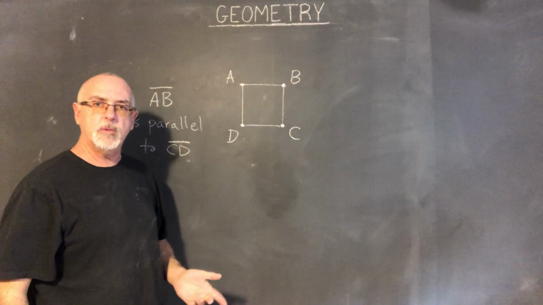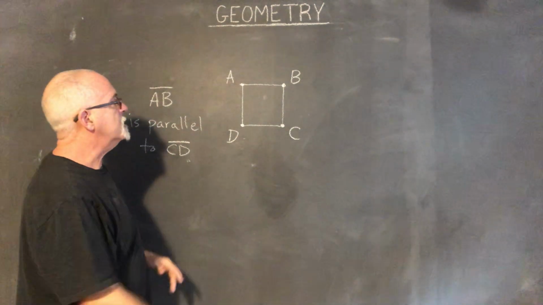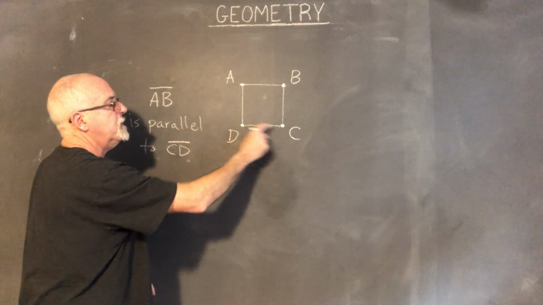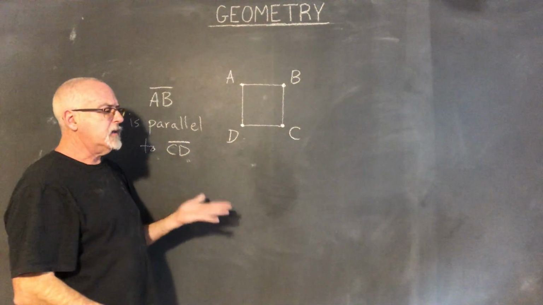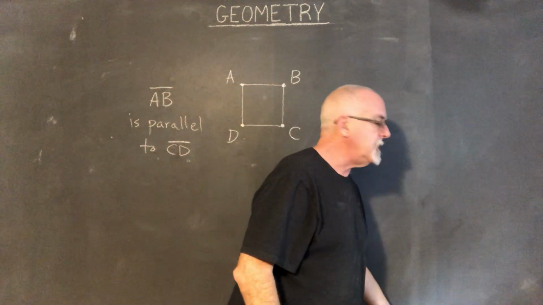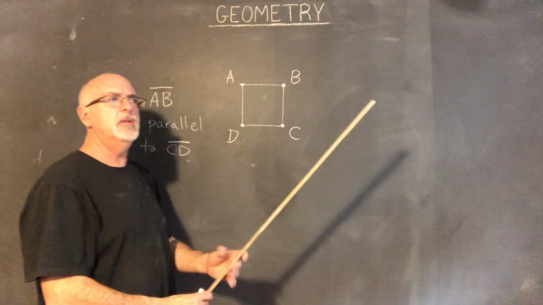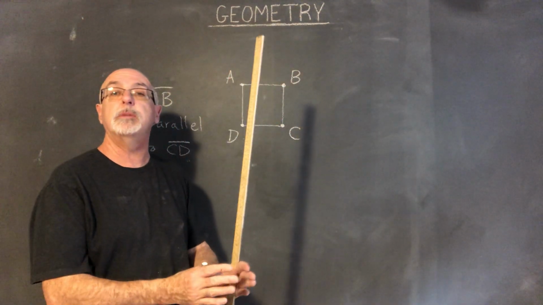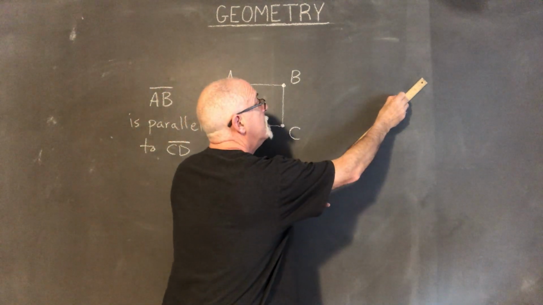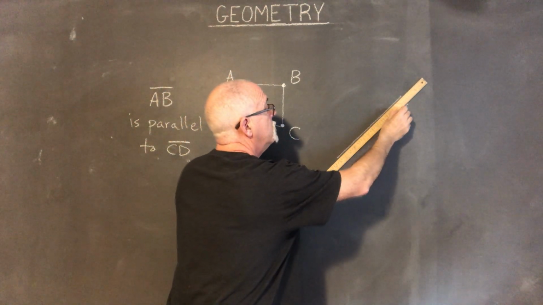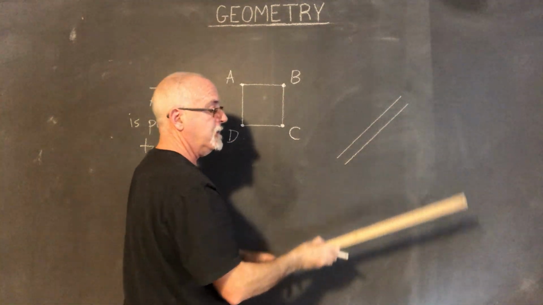If it's really a square, and we're feeling quite confident that it is, side AB should be parallel to side CD. And what does parallel mean? It's kind of like when you see train tracks, the two lines that never will cross because they always stay the same distance apart. It's kind of like tracing on either side of your ruler. You have made a pair of parallel lines.